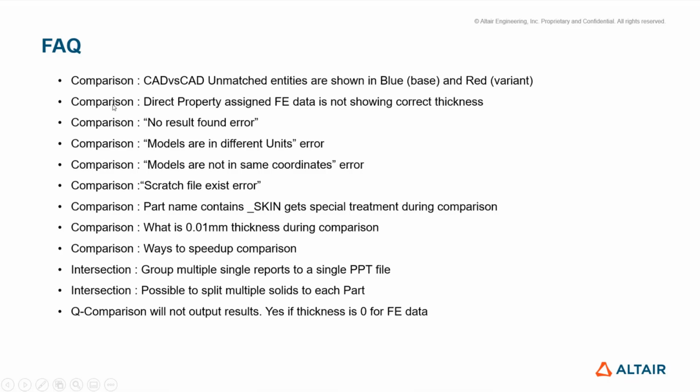Another asked question is the direct property assignment is not working. By default, we are trying to read the thickness and properties, all these things from the HM comments. But user can override this to change it to property so that we read all the information from the property, direct property, and we try to create and map each and every thickness on the element itself.